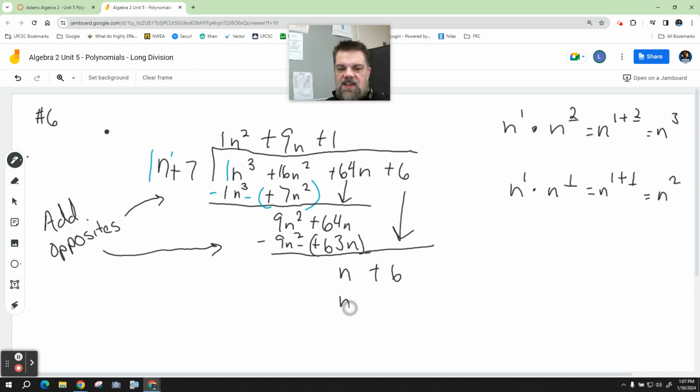So that becomes n, and then 1 times positive 7 becomes positive 7. Again, we're going to add the opposites, so we put a negative here and a minus here. And so what's 6 minus 7? Anybody got a hunch? Negative 1. So now my remainder is negative 1.